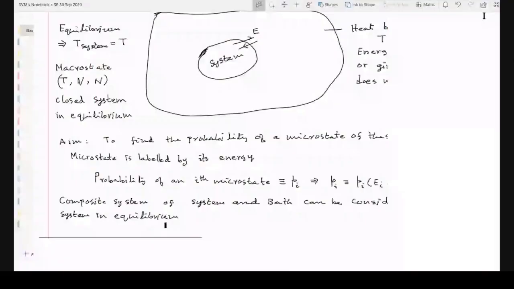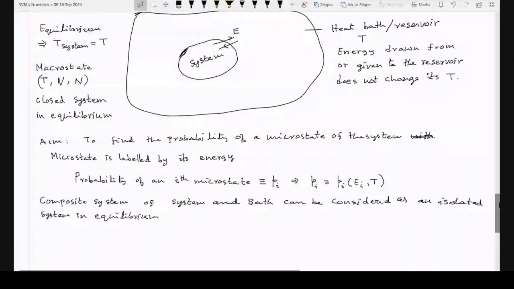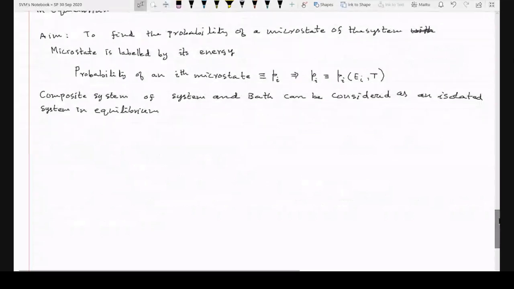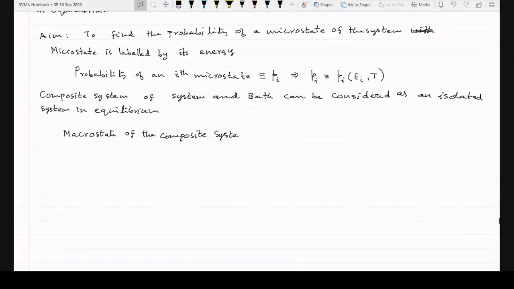Because this is an isolated system in equilibrium, the macro state of the composite system we can write as, let's say, E0, V0 and N0. These are fixed values.